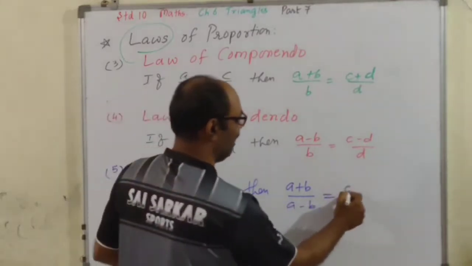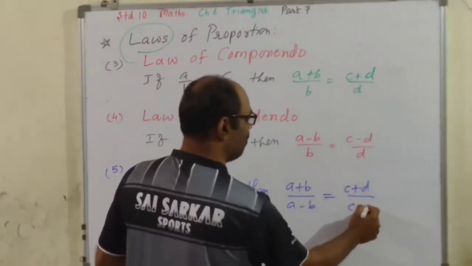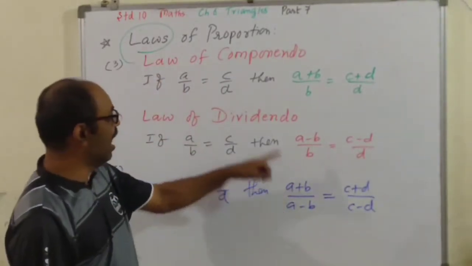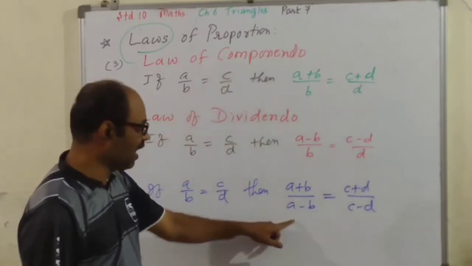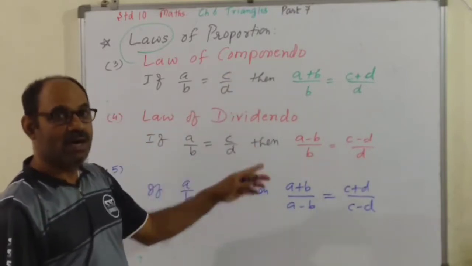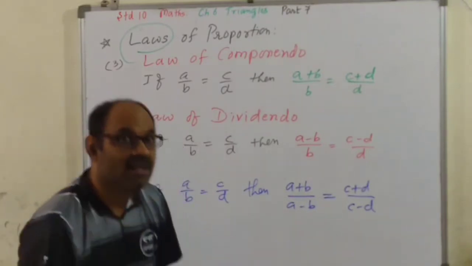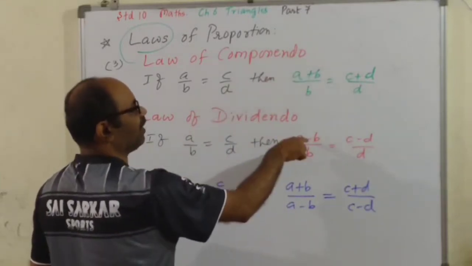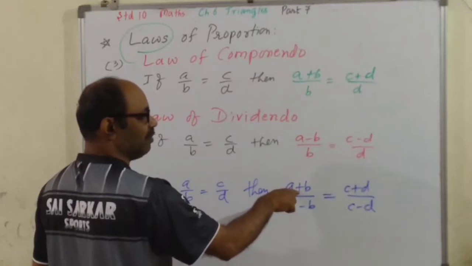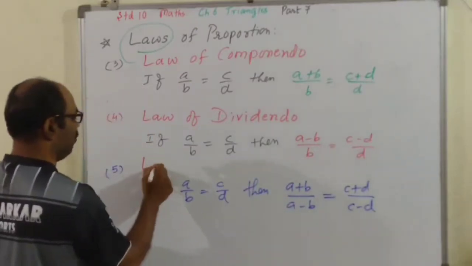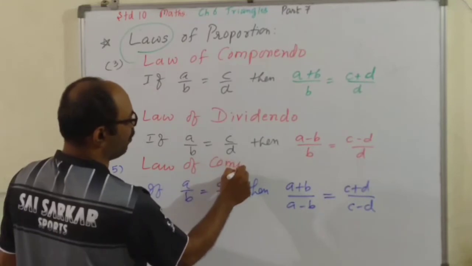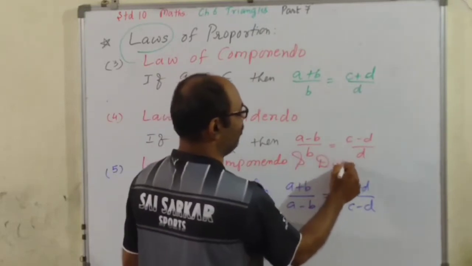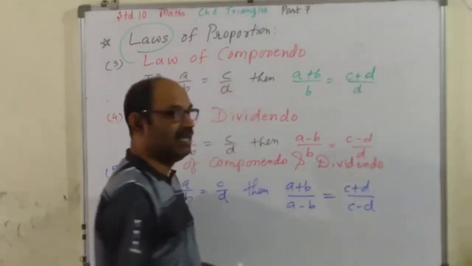C plus D upon C minus D. Now what do we call this law? When we added, we called it componendo. When we subtracted, we called it dividendo. Here addition and subtraction both are done. So if in the numerator we added, it is componendo, if we subtracted, it is dividendo. What did we do in the numerator? Add. So it is componendo. Law of componendo. And subtraction was also done, so dividendo. Law of componendo and dividendo.